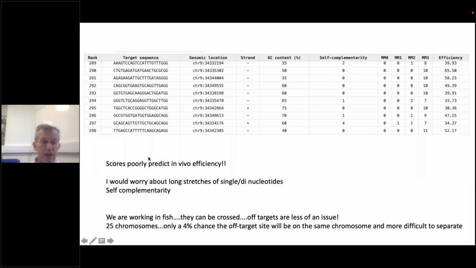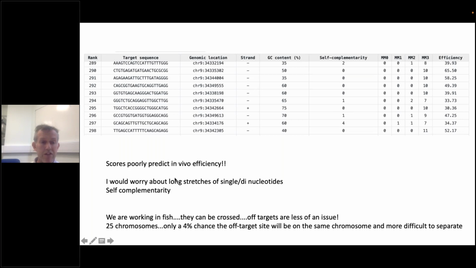However, we have found that these scores from ChopChop are relatively poor predictors of in vivo efficiency. And actually, we find that many guides that have low scores are perfectly active. So when I look at these guides, I look at a number of things simply by eyeballing them.